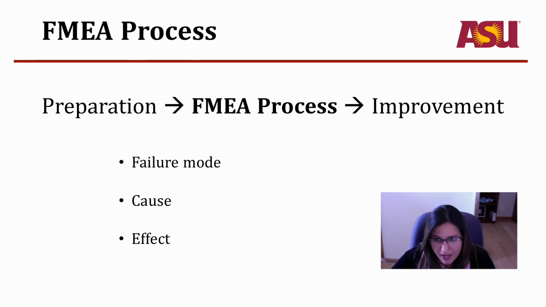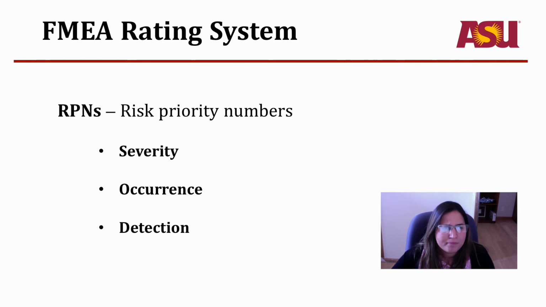For the FMEA ranking system, after identifying failure modes, we have to ask ourselves, how can it fail? Can this product or this system fail? From the smallest failure to the most catastrophic one, this is how we rate the failure modes, by assigning those failures a number, like I mentioned before, following the FMEA standardized rating system, where we use an RPN, a risk priority number.